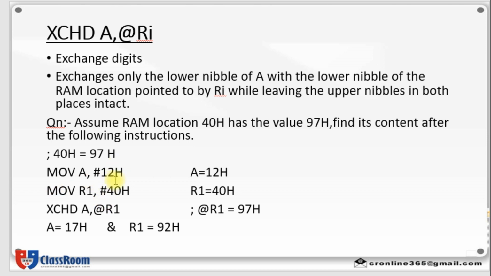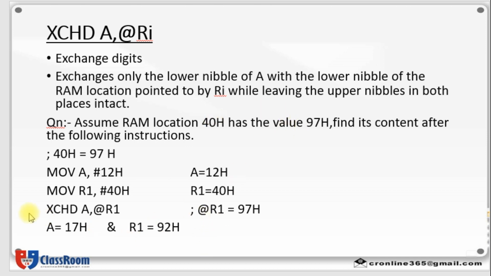This hash means an immediate value. That immediate value means it is a constant value, which we can represent as such. So R1 will be having the value 40H, and 40H contains the value 97.